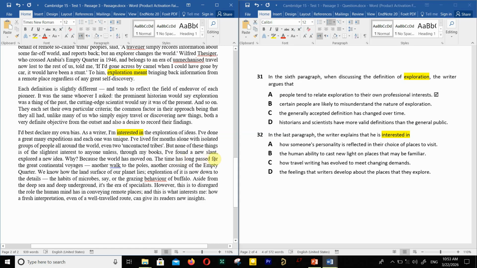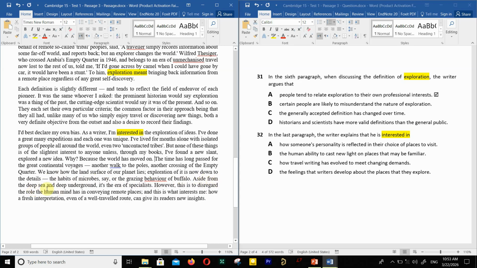The time has long passed for the great continental voyage, another walk to the poles, another crossing of the Empty Quarter. We know how the land surface of our planet lies. Exploration of it is now down to the details. The habits of microbes, say, or the grazing behavior of buffalo.